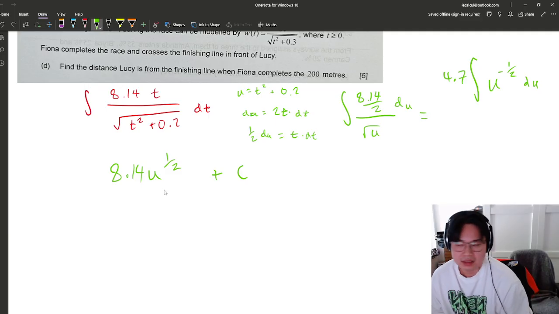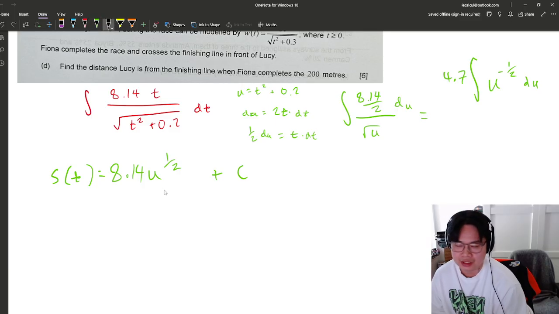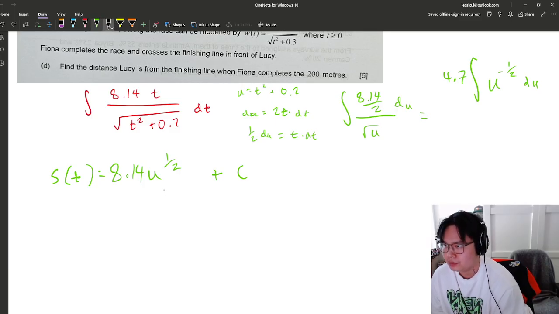Yeah, okay. So then this is her position, indefinite, and obviously when she starts the race, she should be at the beginning of the racetrack. So we know we can find C. So C is just 0.